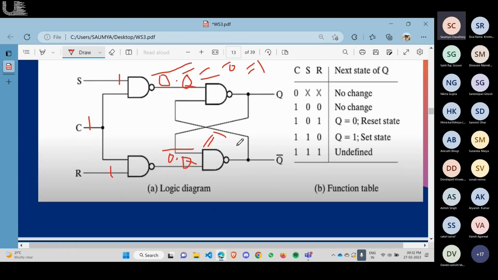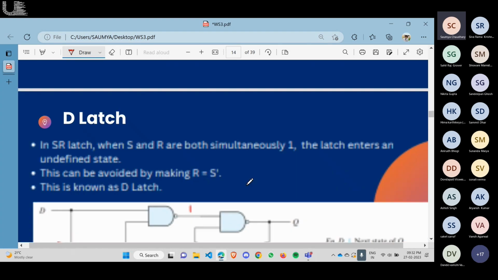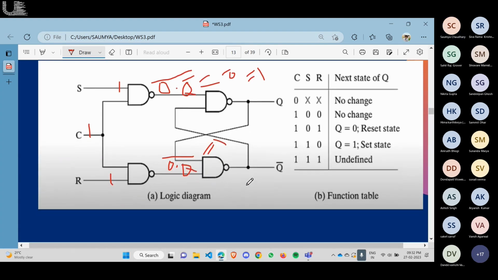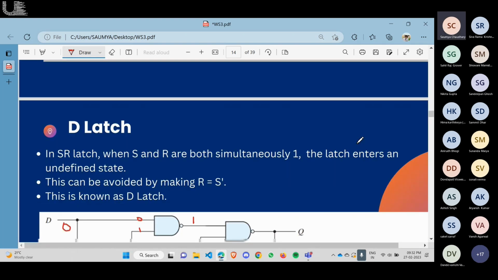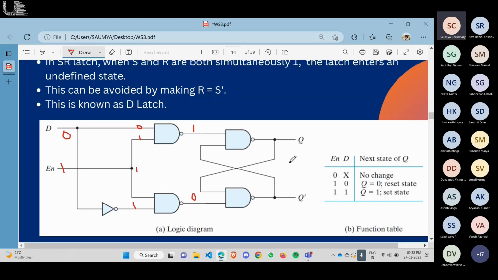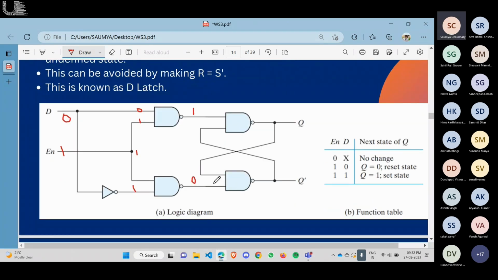This is a similar condition to when we were giving 1 and 0, which gave the set state. Let us solve this. So here it is 1 and 0.